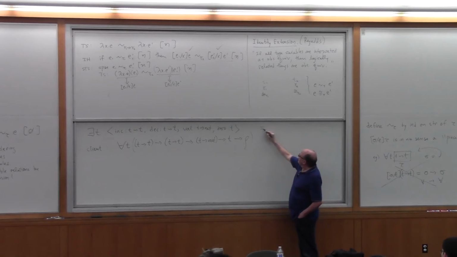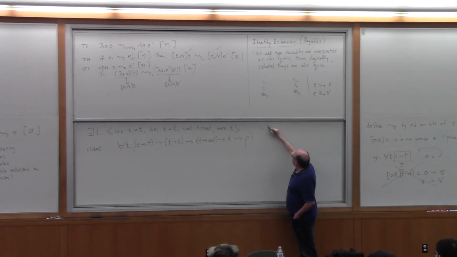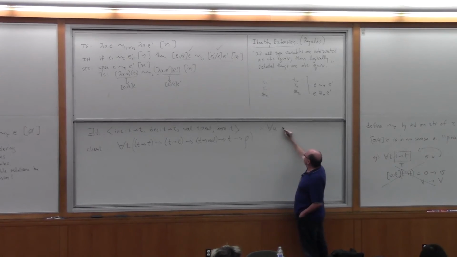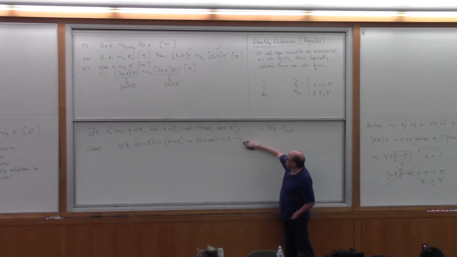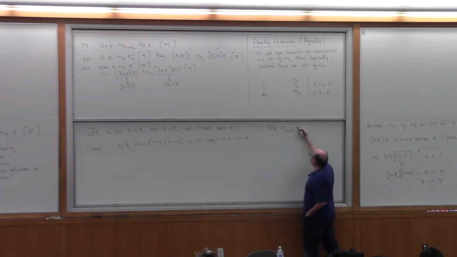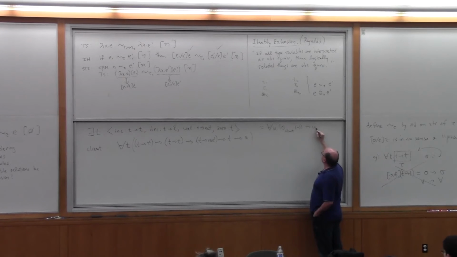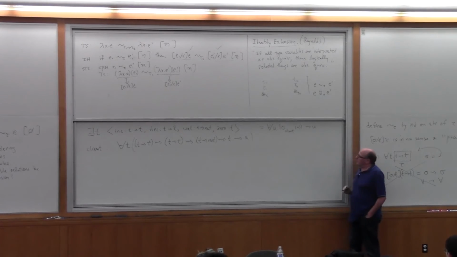This guy, remember, is for all u, this type, let's call it sigma client, written like this. Well, it would be u here, so let me write it as u. So then this will be sigma client, which involves a u, arrow u. That's the way to think about it.